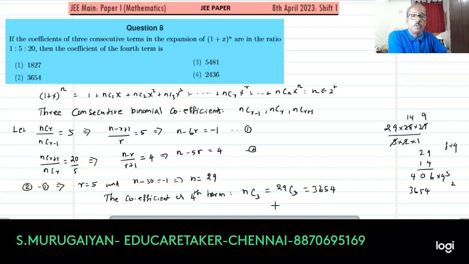This is the coefficient of the fourth term. If you look at the options, 3654 is option 2, the correct answer.